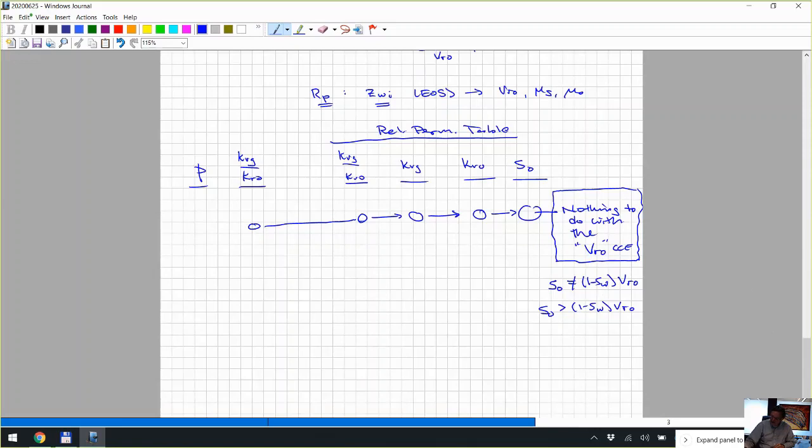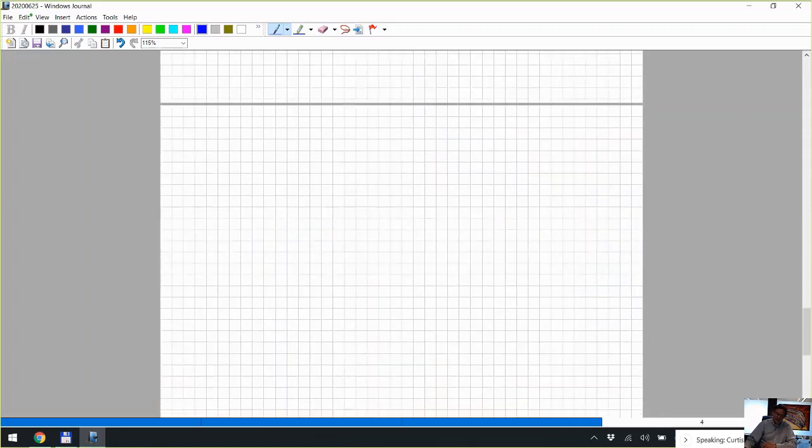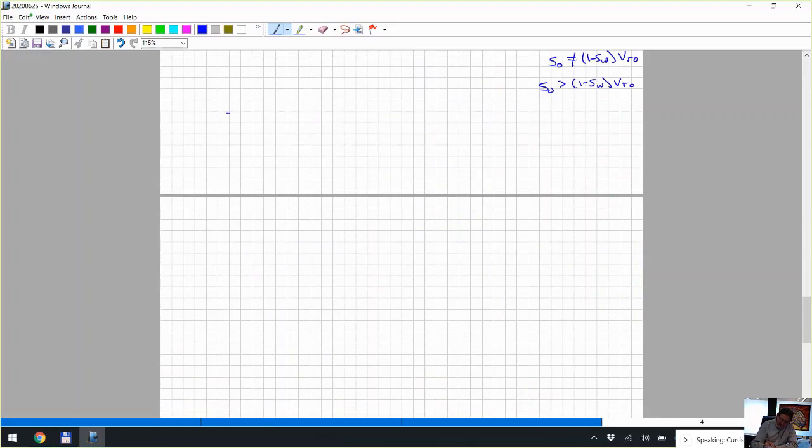I'll put it another way. If you look at the composition in the pore at any given place, this is going to be totally different than this flowing composition. The pore composition is going to be totally different than the flowing composition.